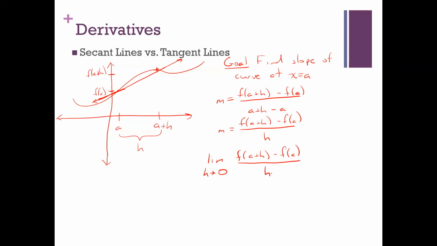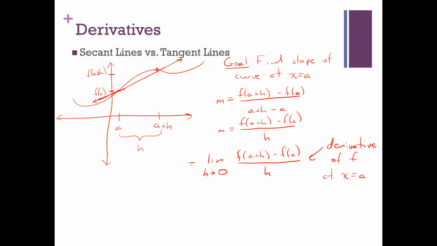So pretty clearly, it's not continuous where h is equal to 0, because the function is not even defined there. But hopefully the limit exists, and if the limit exists, that is what's called a derivative. I'll give you this in more detail in the next slide. This is the derivative of f at x equals a.